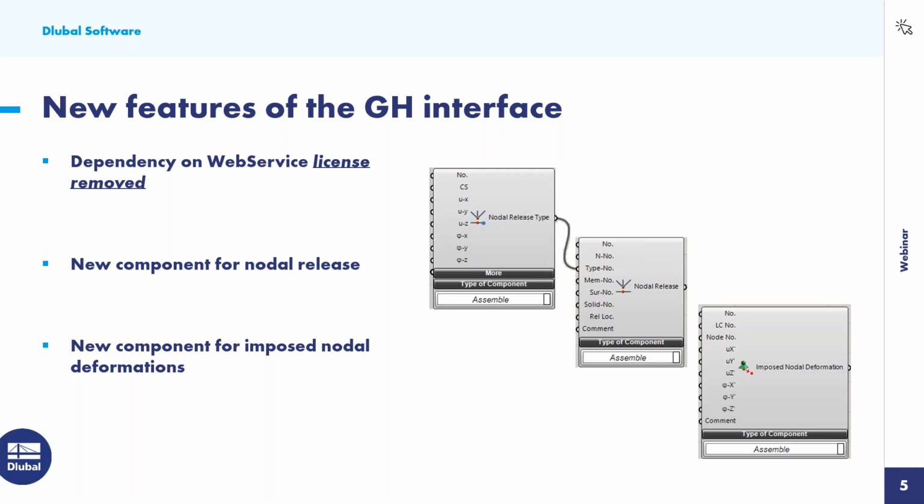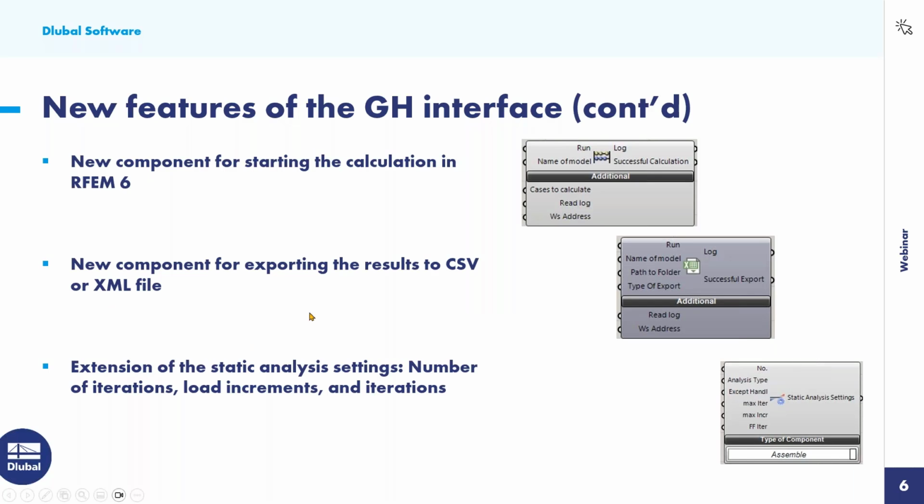Both of these were requested by our customers. Additionally, we created a new component for starting the calculation in RFEM 6. Then a new component for exporting results from RFEM into a CSV or XML file. I will mention these both later in section 5.